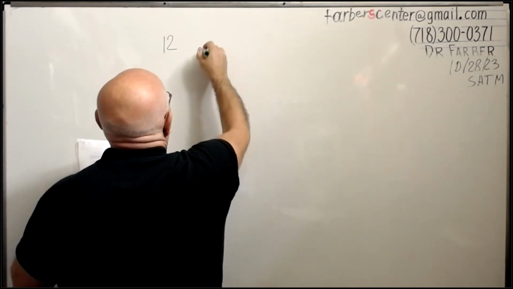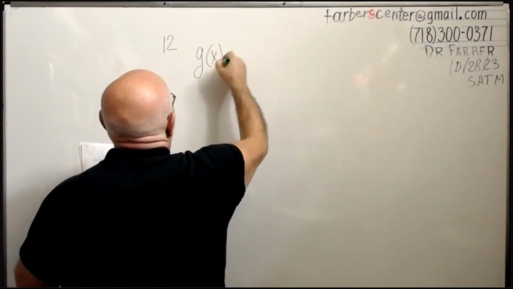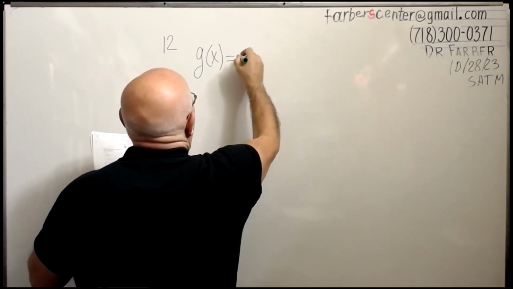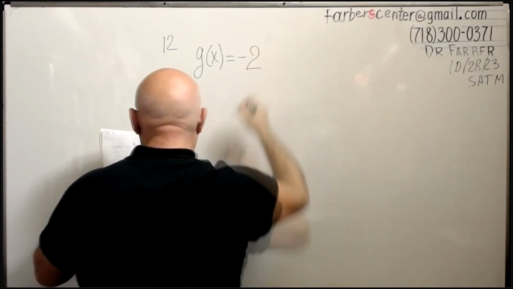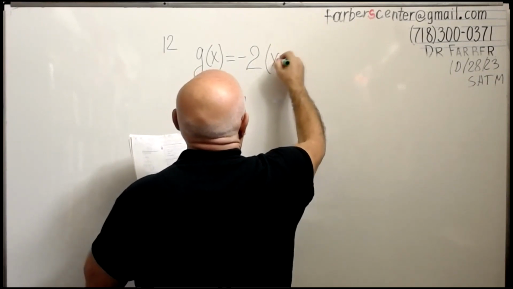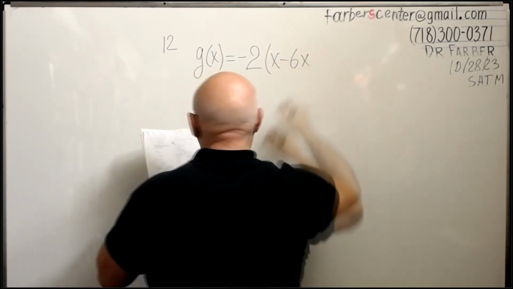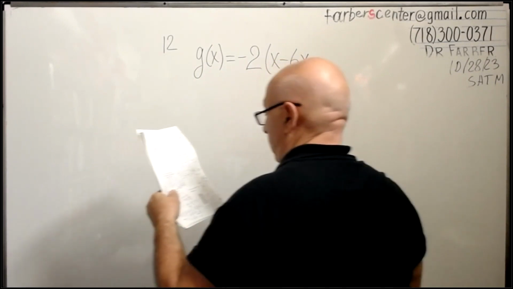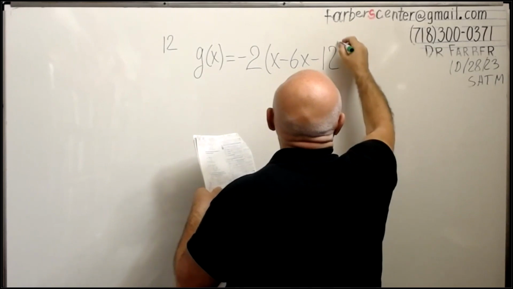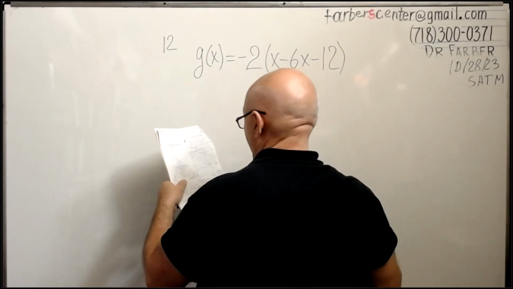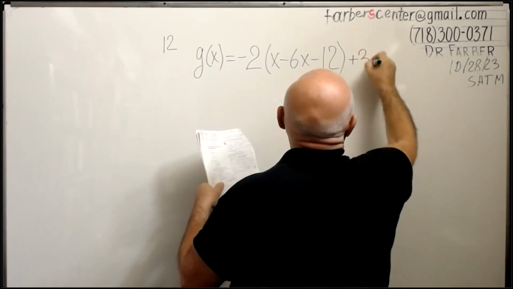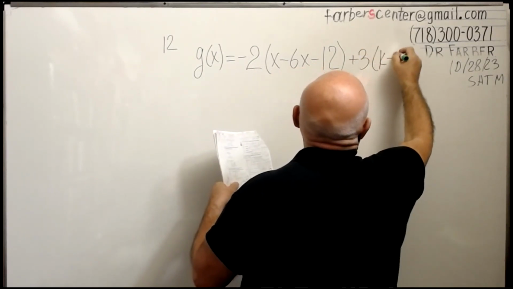g(x) equals what? Be careful if I wrote it correctly. g(x) = -2x squared - 6x - 12 + 3 times (k - x).